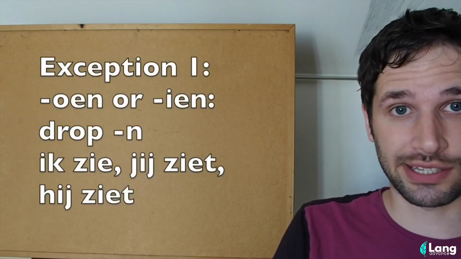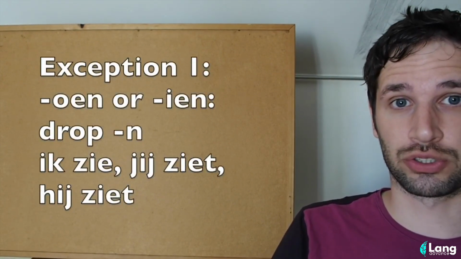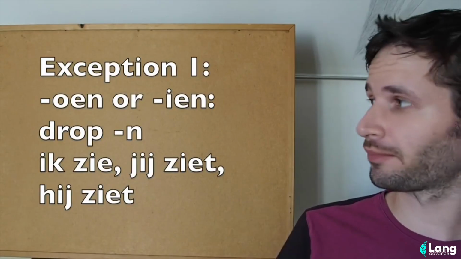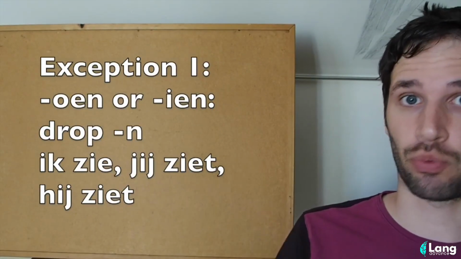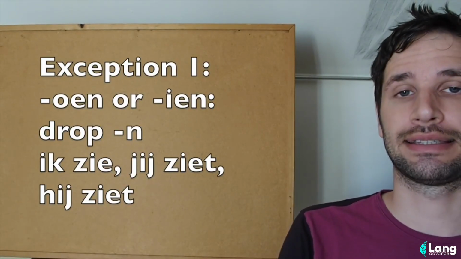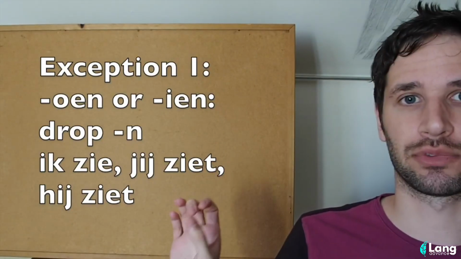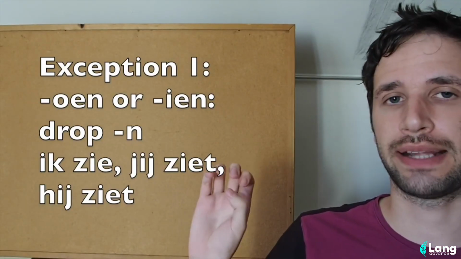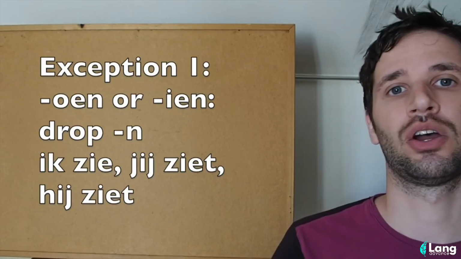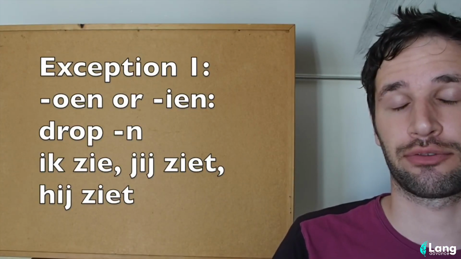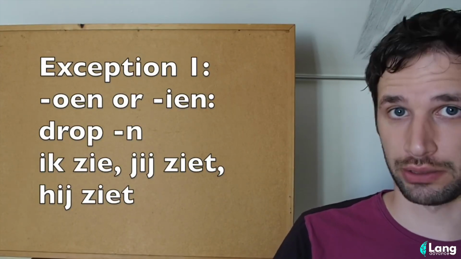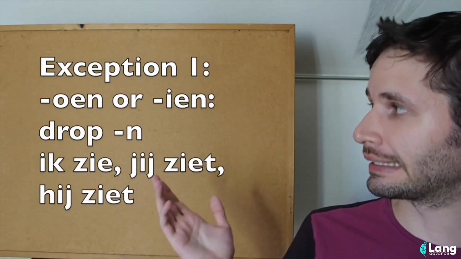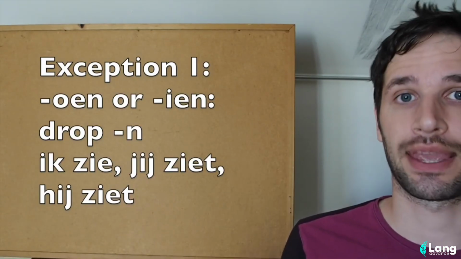Exception number 1 is when a verb ends with ien or een. You see, for example, zien. What happens there is that the e remains the same. The root is formed just by taking the n away. So what consequence does it have for the singular? Well, singular is as follows. Ik zie, jij ziet, hij ziet.